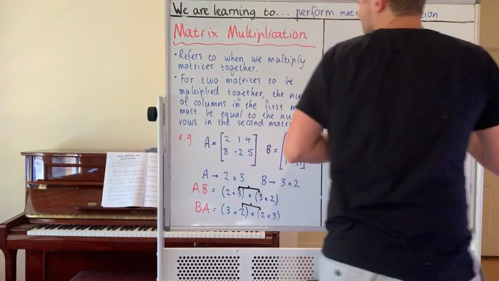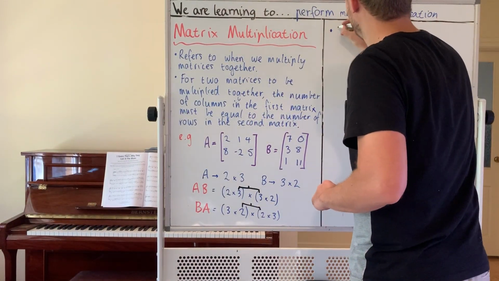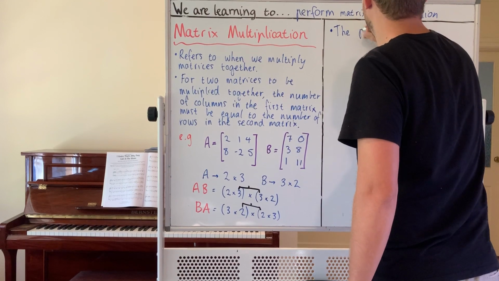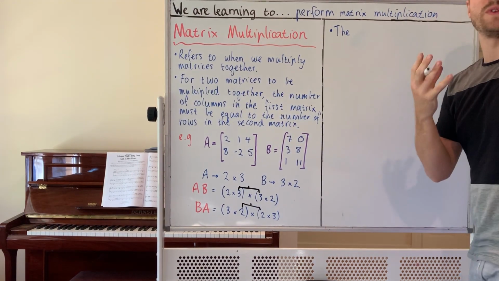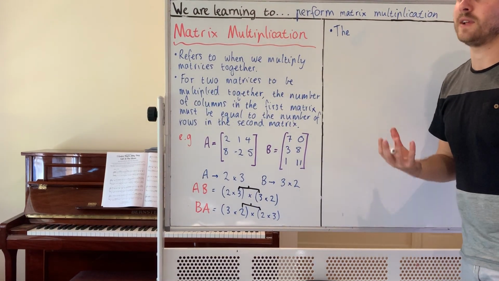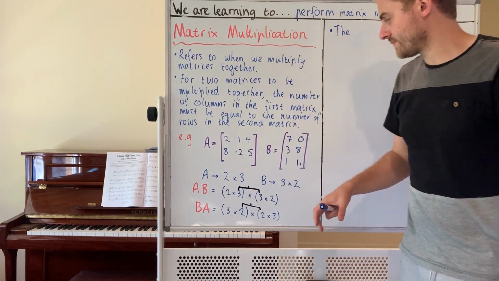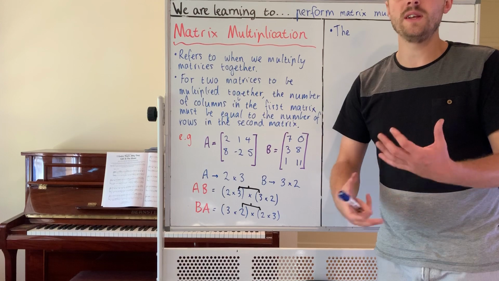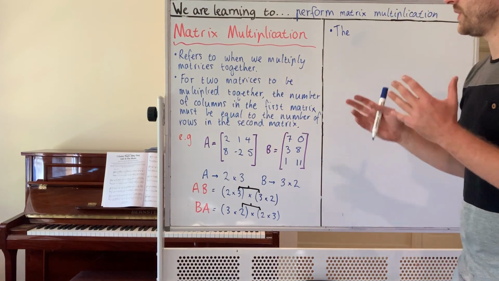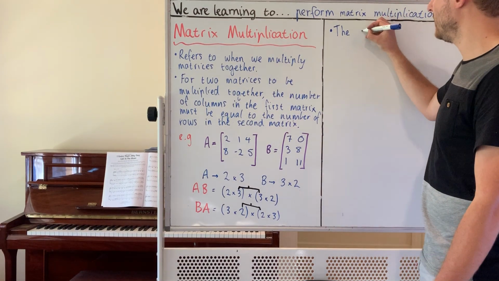Now, the second main thing to note is what the order of our answer is going to be, so the order of the new matrix. Because if we were to multiply these together, they've got different orders, so we need to figure out a way to work out what the order of the new matrix is going to be.